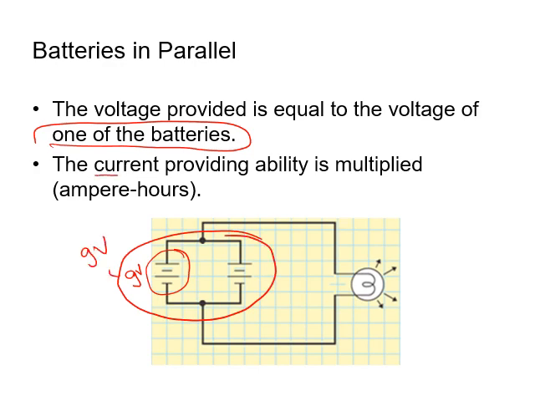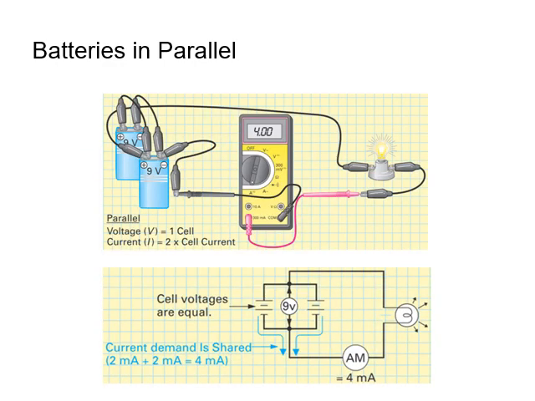But the current providing ability is multiplied. So if every single battery has 1 amp hour, the combined current providing ability will definitely be much higher than 1 amp hour.